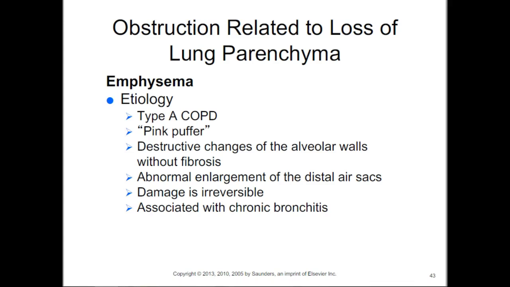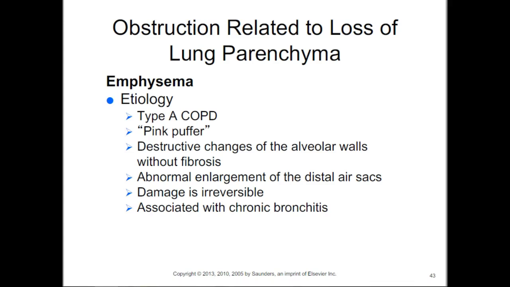Right? So it's what we call that enlargement of the distal air sacs. And damage in this case is irreversible. So you're not going to be able to give any medication. It could be associated with chronic bronchitis.